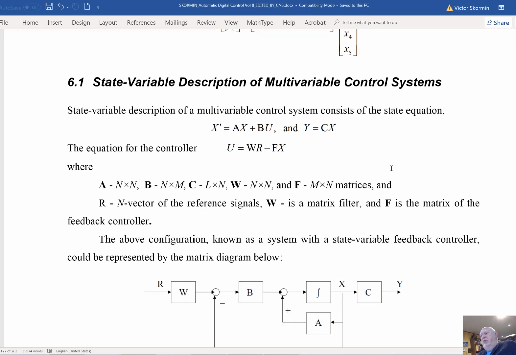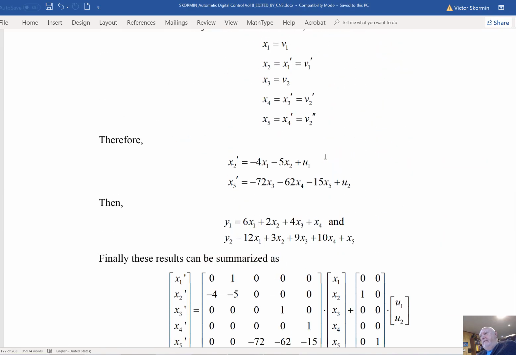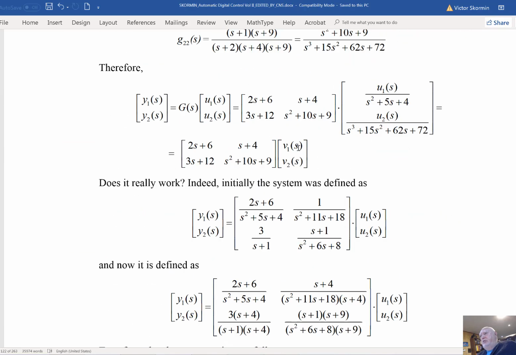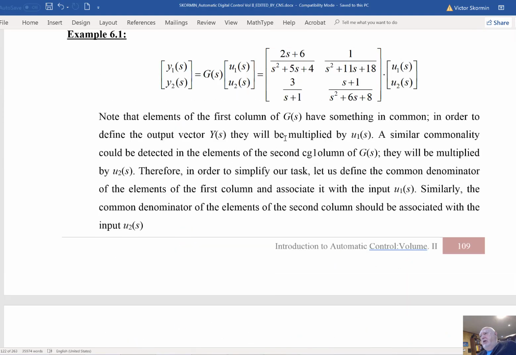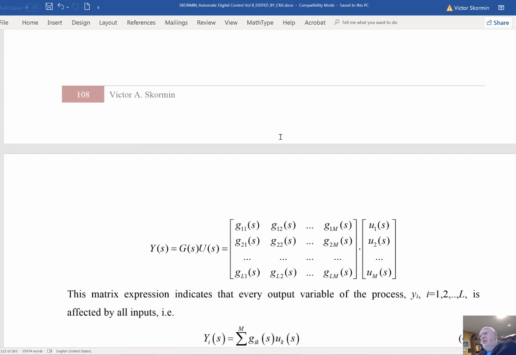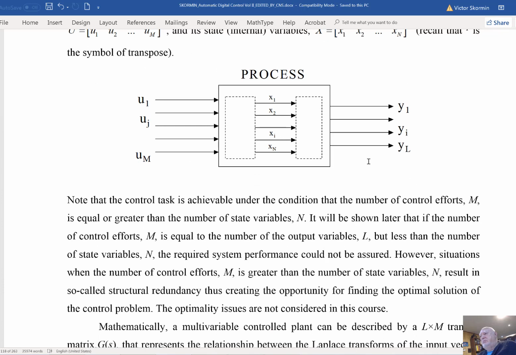So at this point, let me go back to the multi-input, multi-output control system definition. I want you to take another look at this schematic. Now I want you to assume that the number of control efforts is equal to the number of controlled variables.